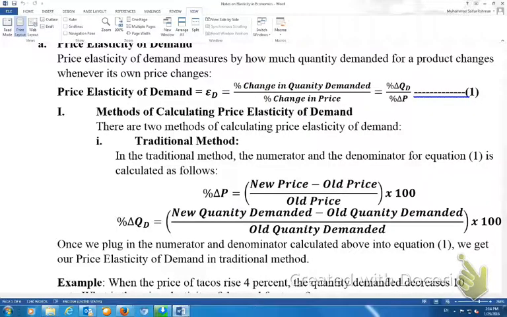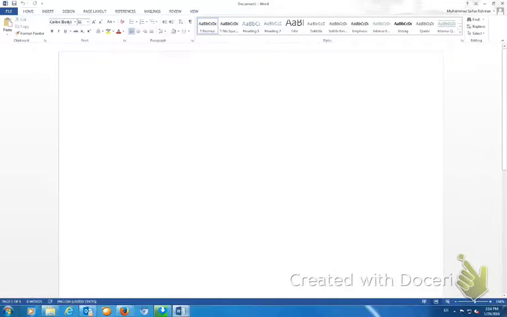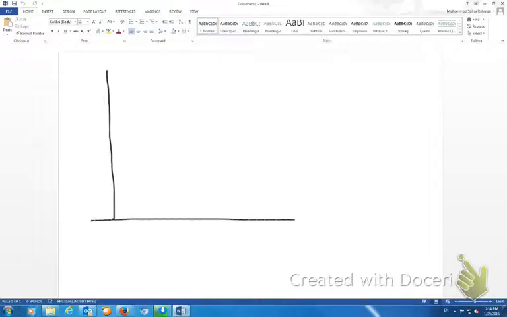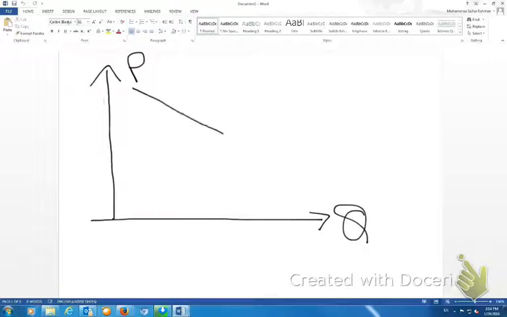So let us take a moment to try to understand the concept of elasticity from a graphical perspective. What does price elasticity of demand actually tell us? Imagine that you have a demand curve, and the price is measured by the vertical axis and the quantity demanded is measured by the horizontal axis.